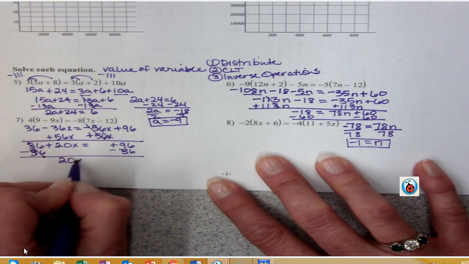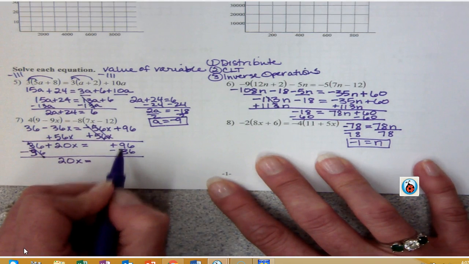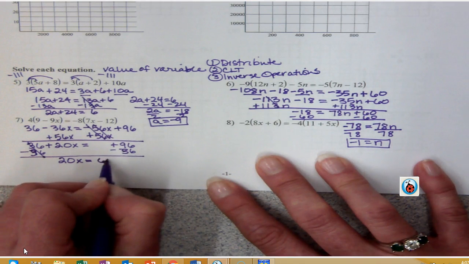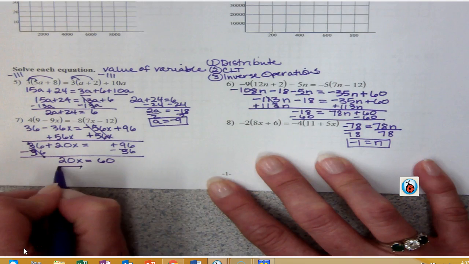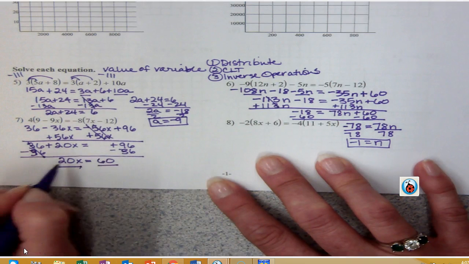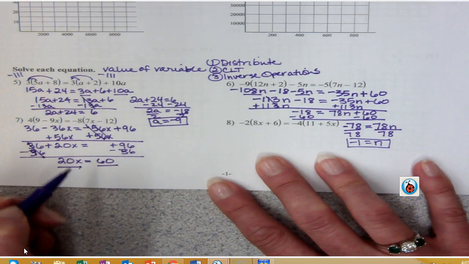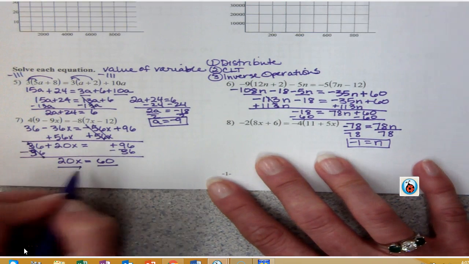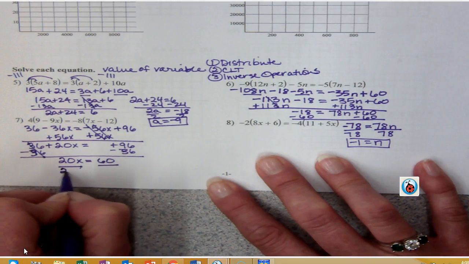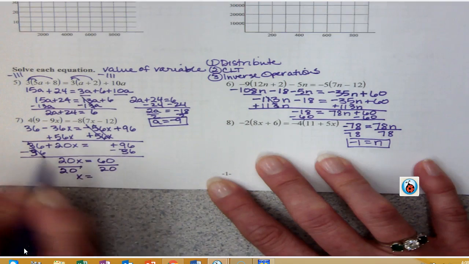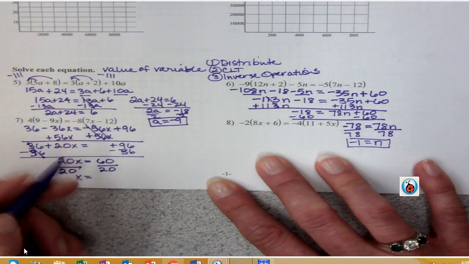So I get 20x equals 96 minus 36 is going to give me 60. Divide by 20 because 20 is in front of my x and it's being multiplied by my x. I use the inverse operation, so I divide by 20 and I get x equals 60 divided by 20 is 3.